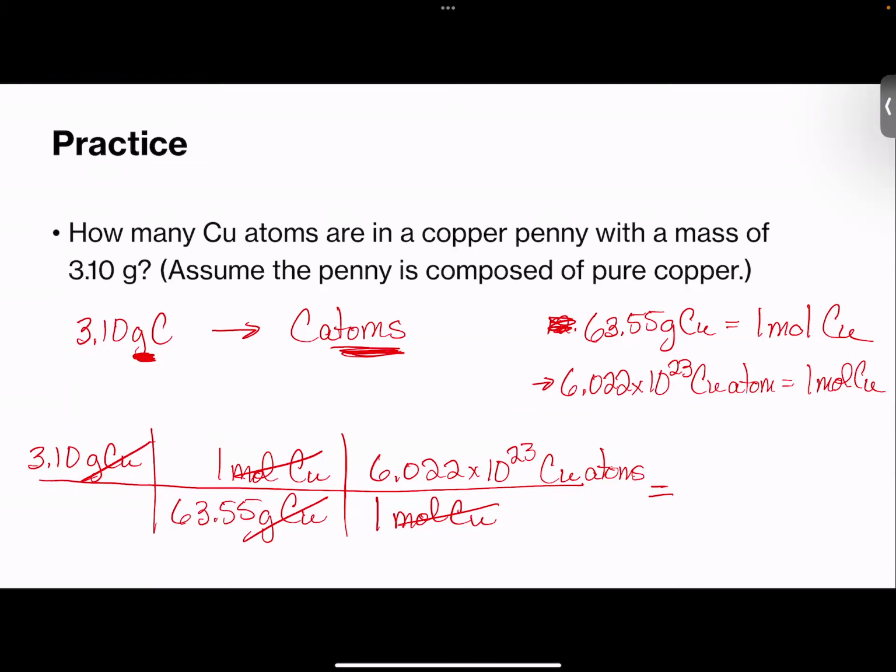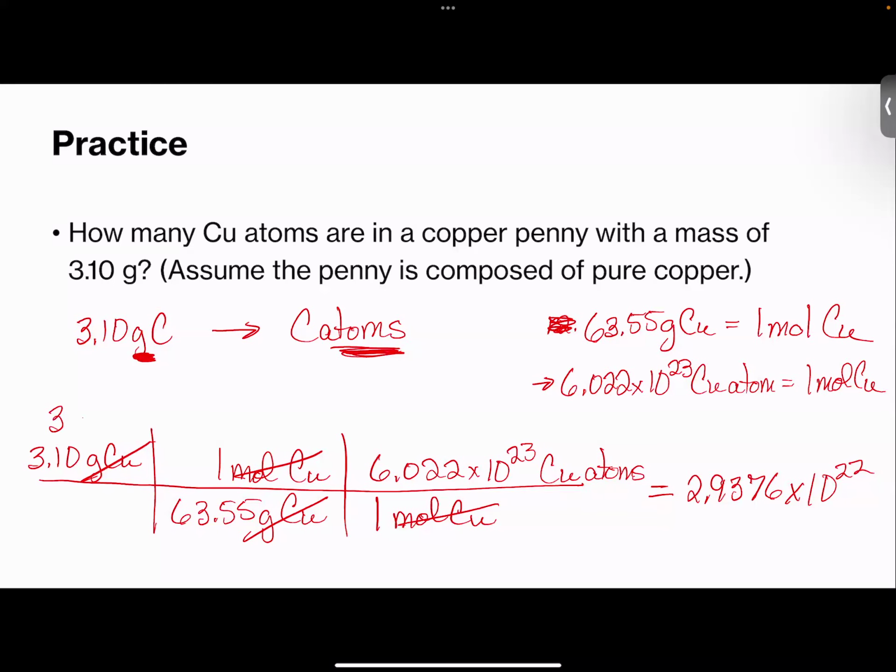Now I'm ready to do my math because I got the unit I wanted. I got atoms of copper. And I get a value of 2.9376 times 10 to the 22nd.